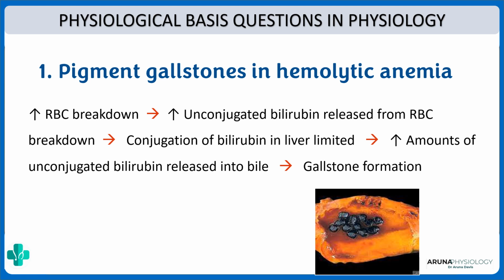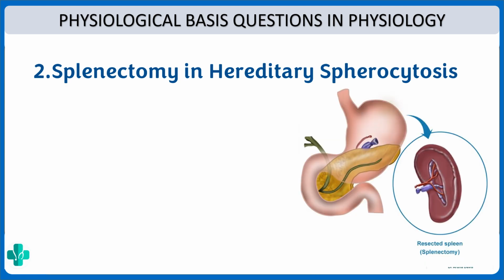Okay. Second, why is splenectomy done in hereditary spherocytosis? So in hereditary spherocytosis, one treatment modality is splenectomy, especially in cases with complications. Why? Because spleen is a site of destruction of RBC, and in hereditary spherocytosis the RBCs are all spherical.